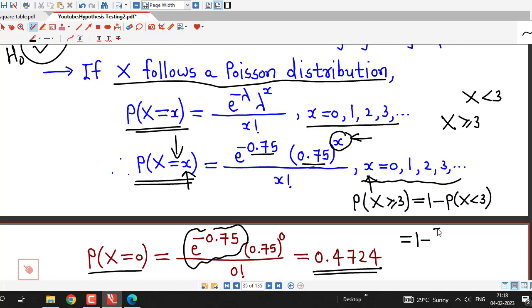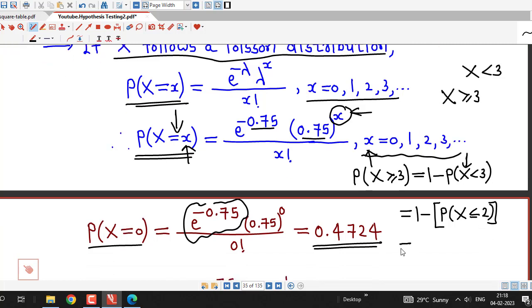Now the probability that capital X is less than 3 is equivalent to the probability that capital X is less than or equal to 2, because X is a discrete random variable, so the possible values are 0, 1 and 2.